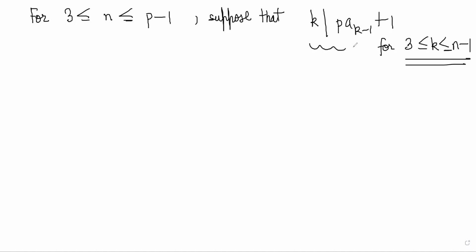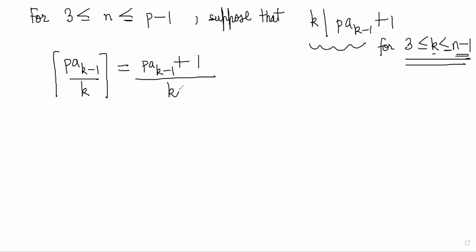So this statement is true for all k less than or equal to n minus 1. We want to show it for the nth step, right? So if this is true, then the least integer greater than or equal to p a k minus 1 by k should be equal to p a k minus 1 plus 1 by k, right? Because we know that this is an integer. From here, it follows that k divides this. So this is an integer, and this is the next integer higher than this.